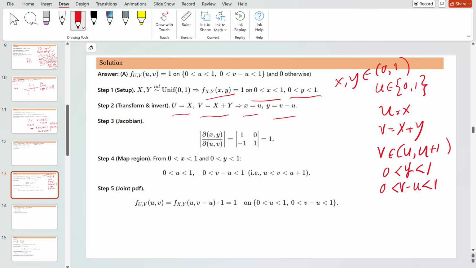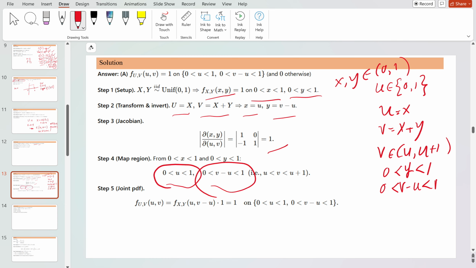Okay, find the Jacobian, del of (X,Y) with respect to (U,V). When you solve it, you will get the matrix 1, 0, minus 1, 1. If you find the determinant, it will simply equal 1. X is between 0 to 1, Y is between 0 to 1, so U is between 0 to 1 and V minus U is between 0 to 1.